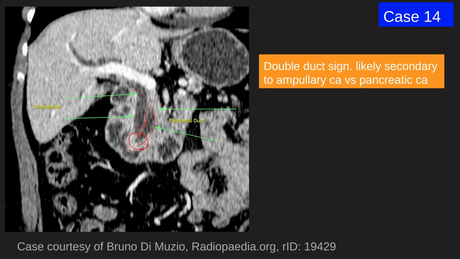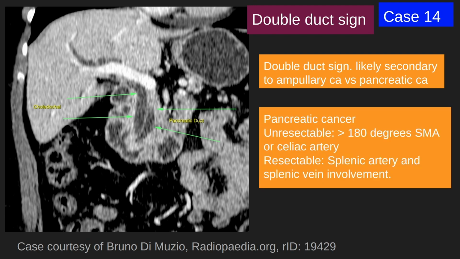Usually, pancreatic adenocarcinoma is hypoenhancing to the adjacent tissues. Periampullary carcinoma can have variable enhancement pattern. So, in terms of pancreatic cancer evaluation, there are a few findings that make the pancreatic cancer unresectable, and those findings are greater than 180-degree encasement of the SMA or the celiac artery.